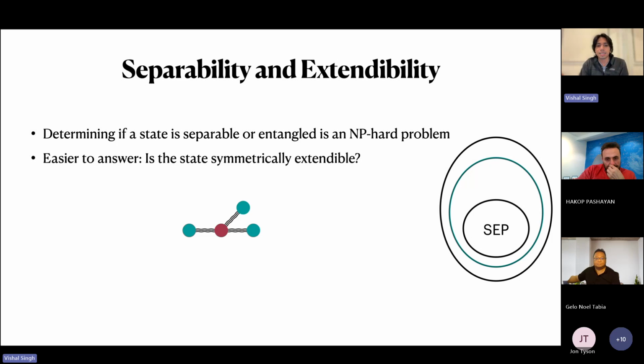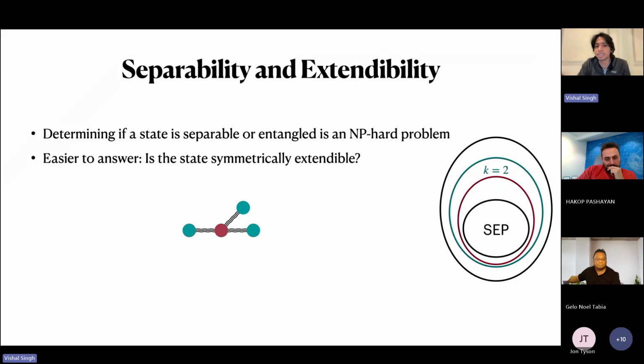Then you can ask another question: can you extend it symmetrically to a state with four parties? Once again, using the same idea, you can show that every separable state can be extended in such a form. And so now you have added extra constraints, and you have shrunk even further the set of states that you're looking for.